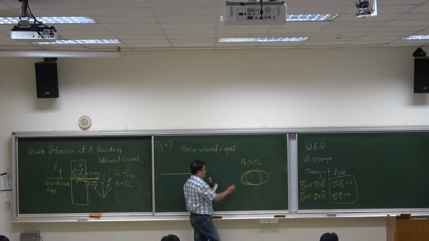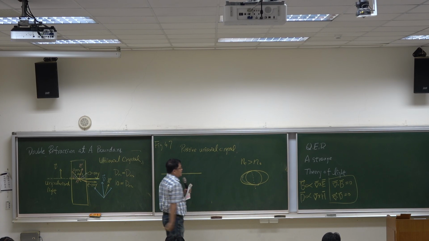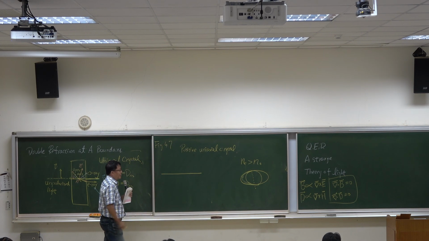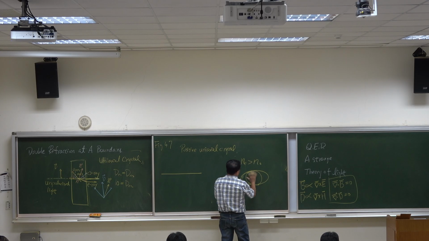The surface consists of one sphere and one ellipsoid.